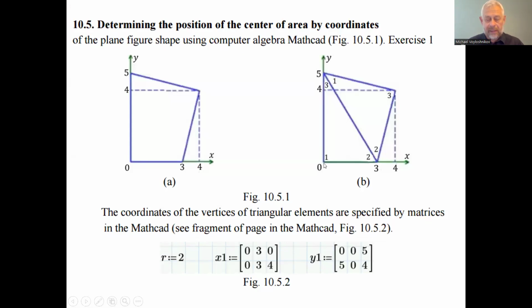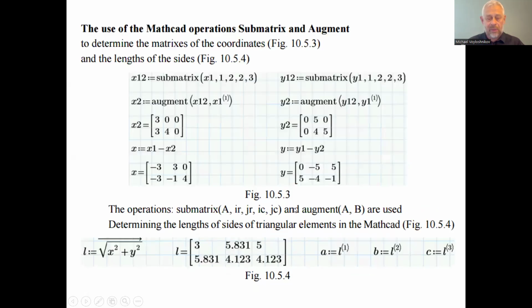For example, to find the projection on the abscissa axis of the first side, between vertex 1 and vertex 2 of the first triangle, we take the difference between the abscissa of the first vertex and the abscissa of the second vertex. We will then have the length of this one leg of the triangle. To do that, it is relevant to have another matrix.